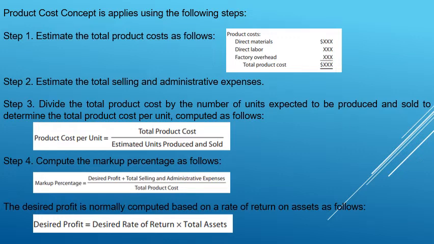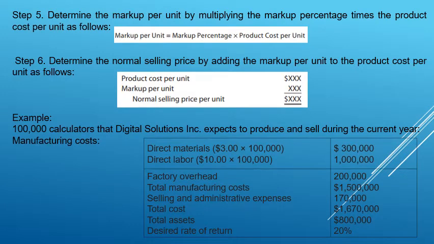So the desired profit is equivalent to the desired rate of return times the total asset. The fifth step is to determine the markup per unit by multiplying the markup percentage times the product cost per unit. And lastly, the sixth step is to determine the normal selling price by adding the markup per unit and the product cost per unit.